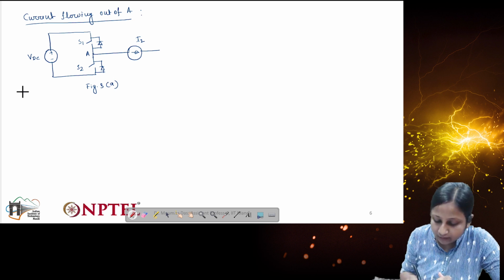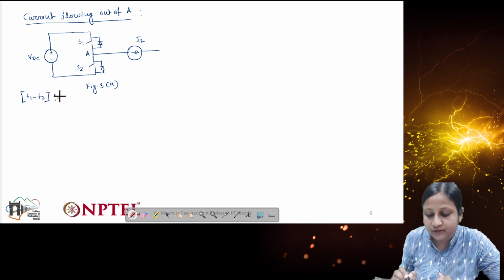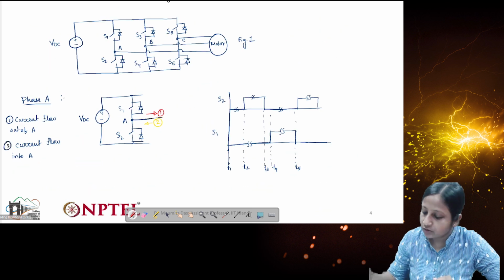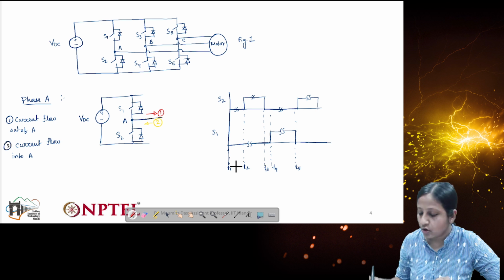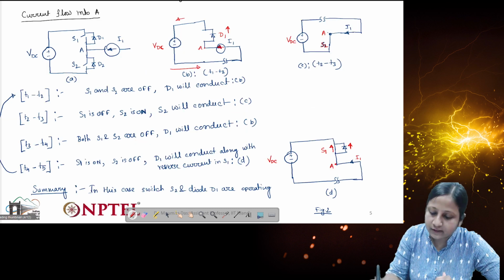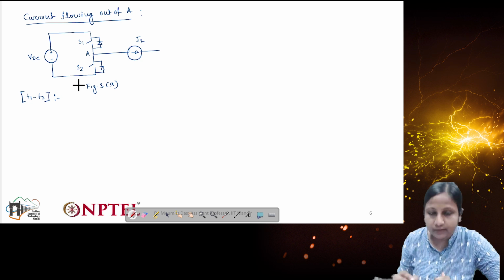During T1 to T2, what have we observed? We have observed that the dead time is given. You can go back to the previous slide, or draw this switching diagram in your notebook and relate it to the converter operation discussion. T1 to T2, similarly the dead time is given. T2 to T3, S2 is on. T3 to T4, dead time again, and T4 to T5, S1 is on. Similar thing we will be using for this case also.